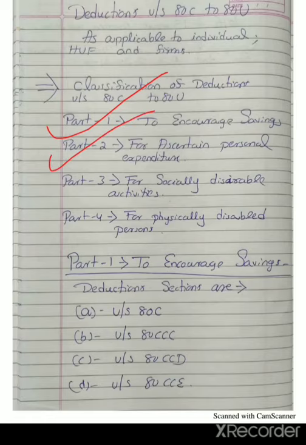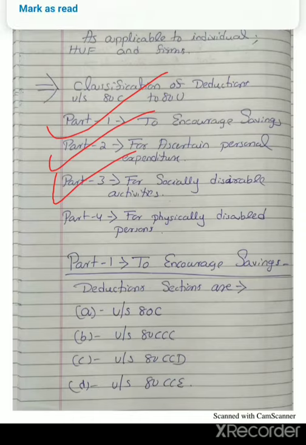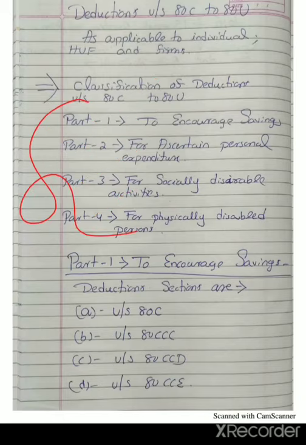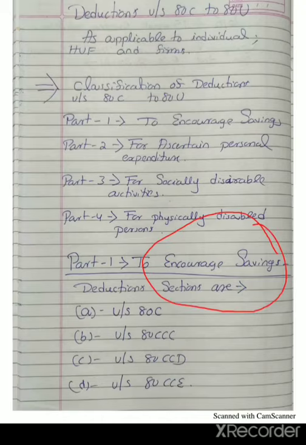Part 3: for socially disabled activities, some deductions are applicable. Part 4: for physically disabled persons, some deductions are applicable. The first part is the deductions to encourage the savings of the assessee.